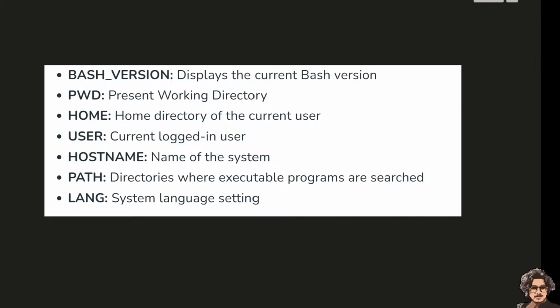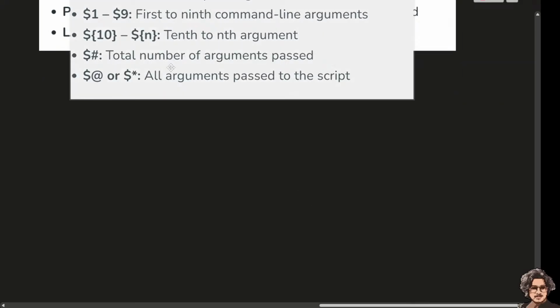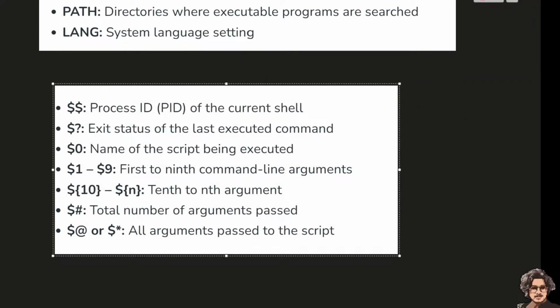So what are some of the special characters? Some of the special characters that are used, you have to understand. If we write this, it will process the current shell. This gives the exit status, and this is the name of the script being executed.